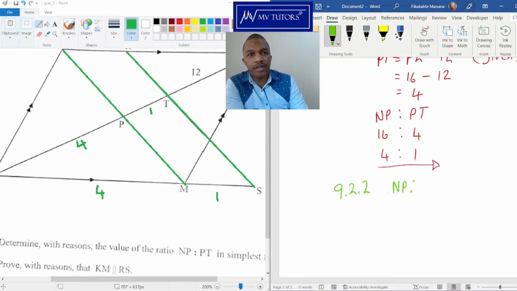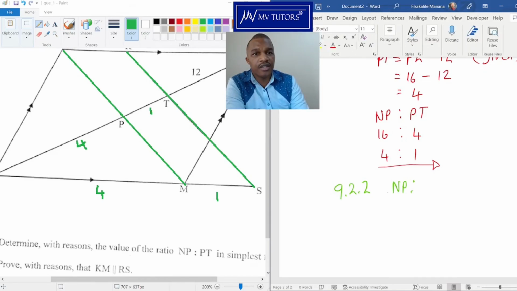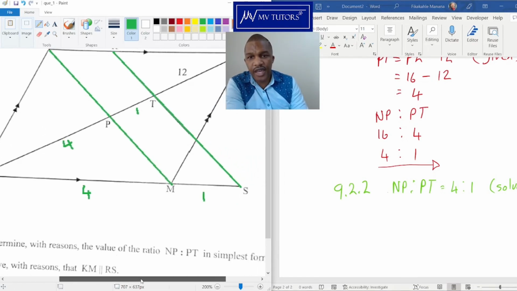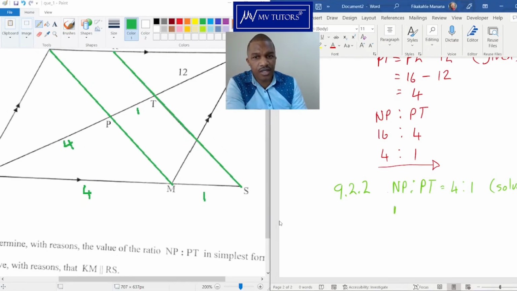Let me put it a different way: PT is equal to 4:1, and this has been solved. And then also here we have NM is to MS, NM is to MS is equal to 4:1. This is given.